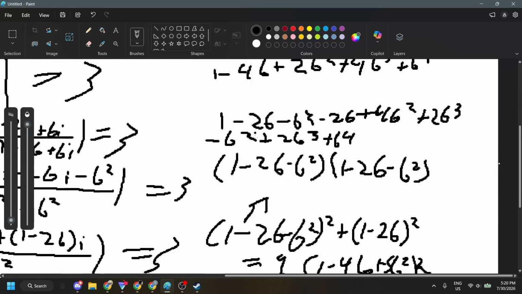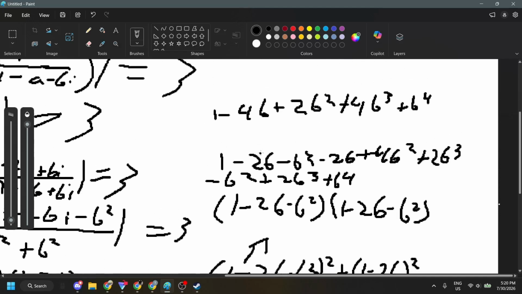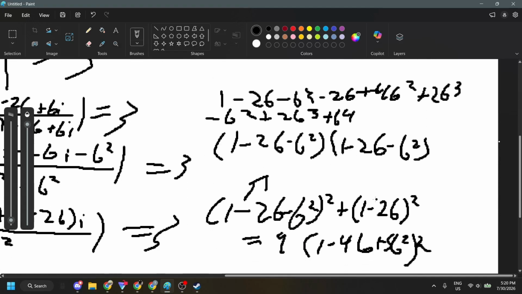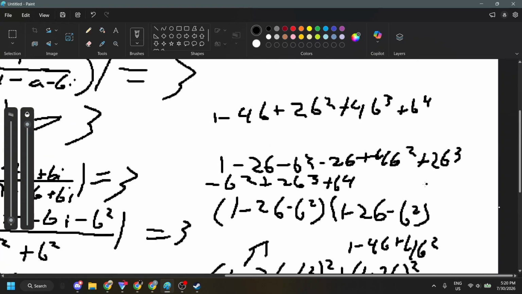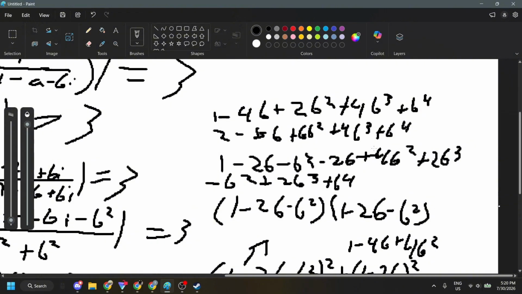And then here this is 1 minus 4b plus b squared plus 4b cubed. Oh my gosh. So combining these together we get 2 minus 8b plus 6b squared plus 4b cubed plus b to the 4. That's the left side.